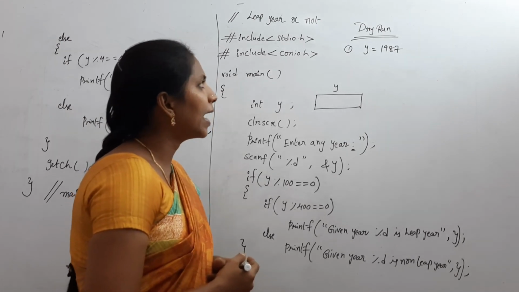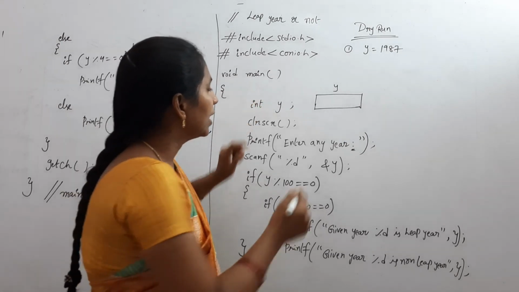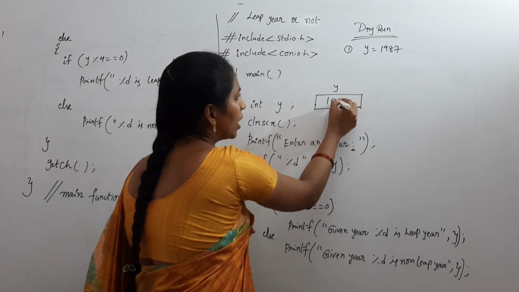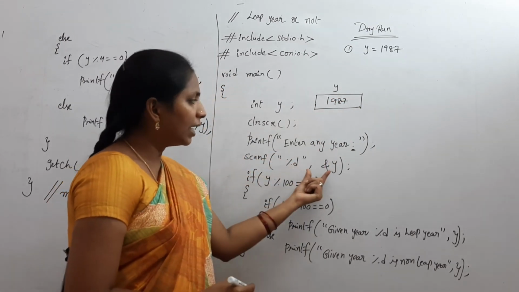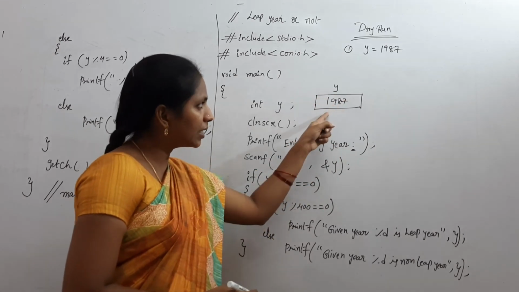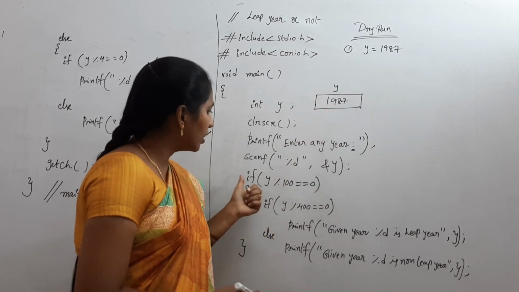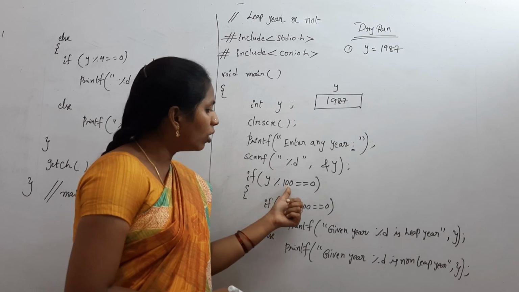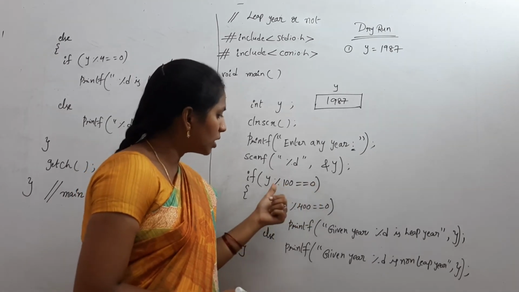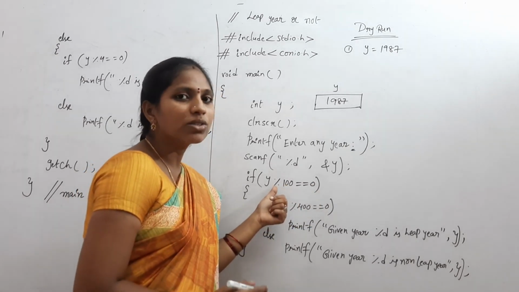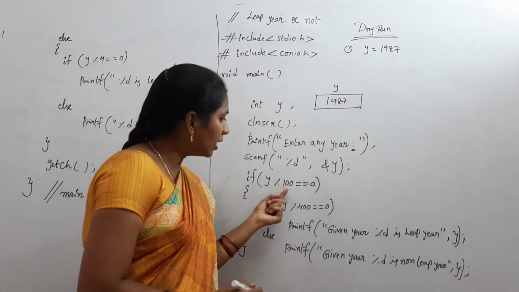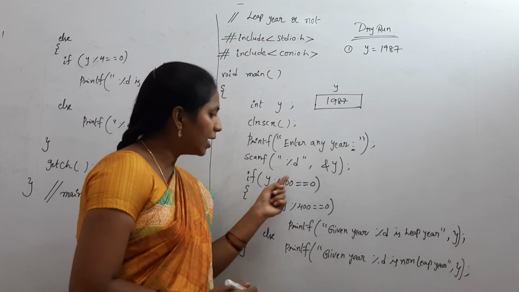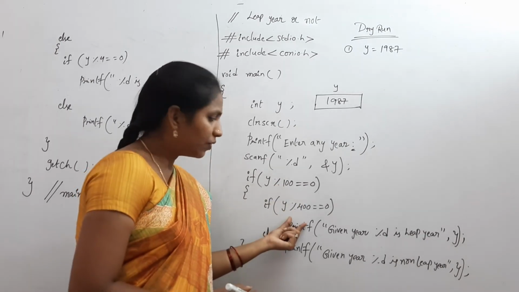The entered year is 1987, and that value is placed in this memory location. Then if y modulo 100 equal to 0, here modulo means it gives a remainder. If the remainder after dividing by 100 is 0, then this condition will be executed.